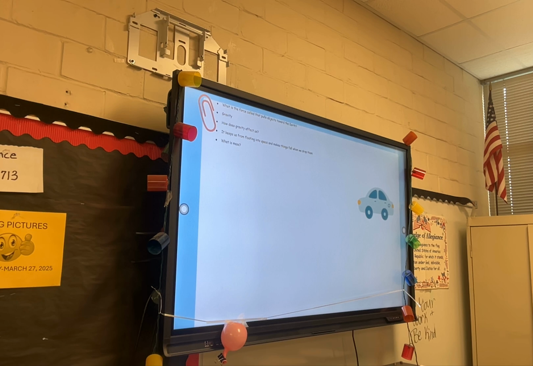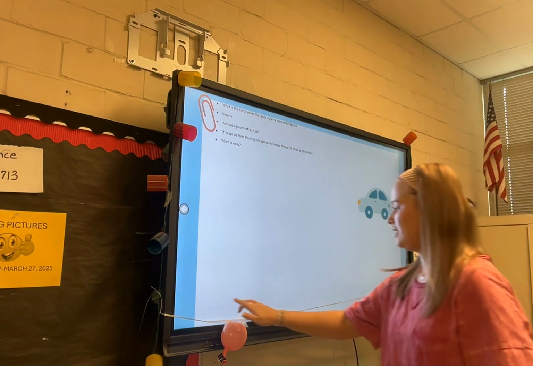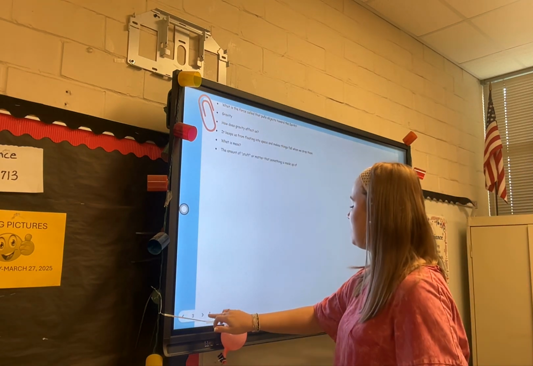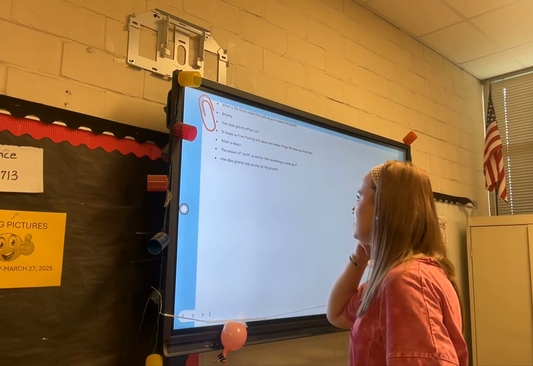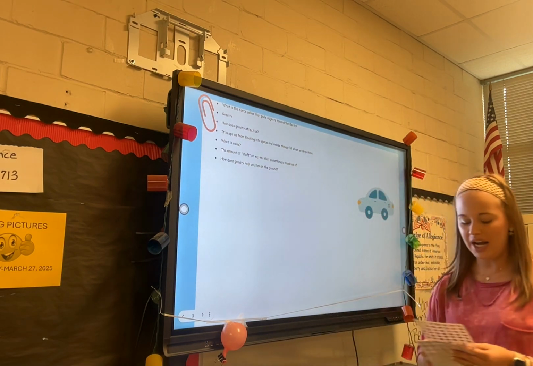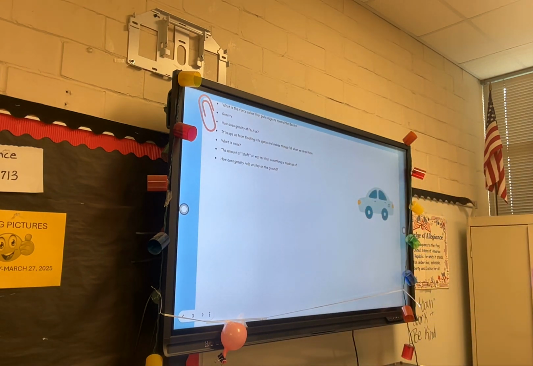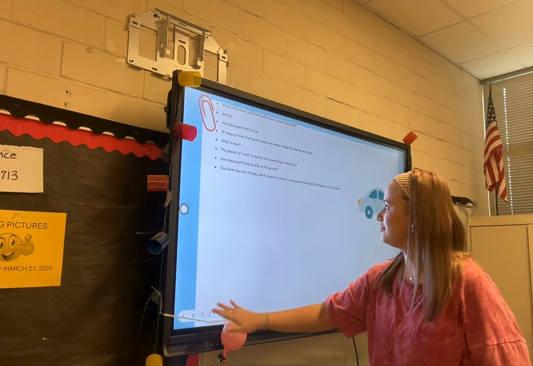Because what does the sun pull around it? Everybody tell me. The Earth and all the planets. Yes. Because the moon is a natural satellite. I love it. So how does gravity help us stay on the ground? It does what? Everybody tell me. It pulls us.